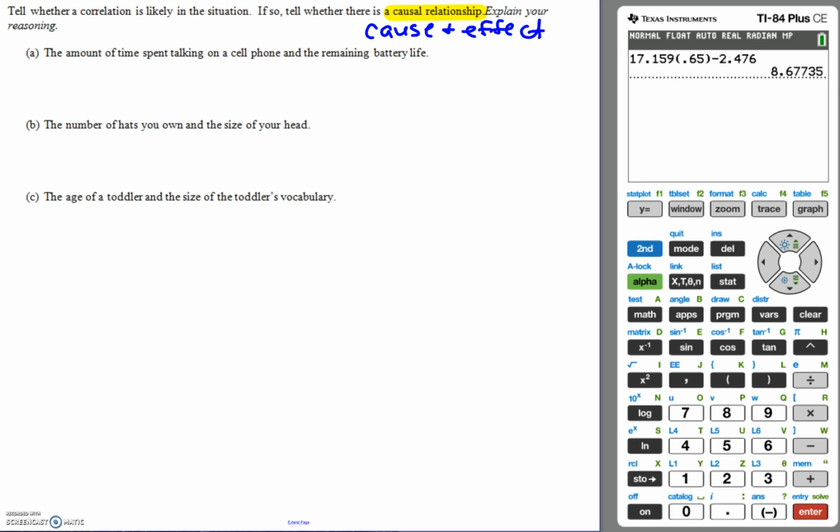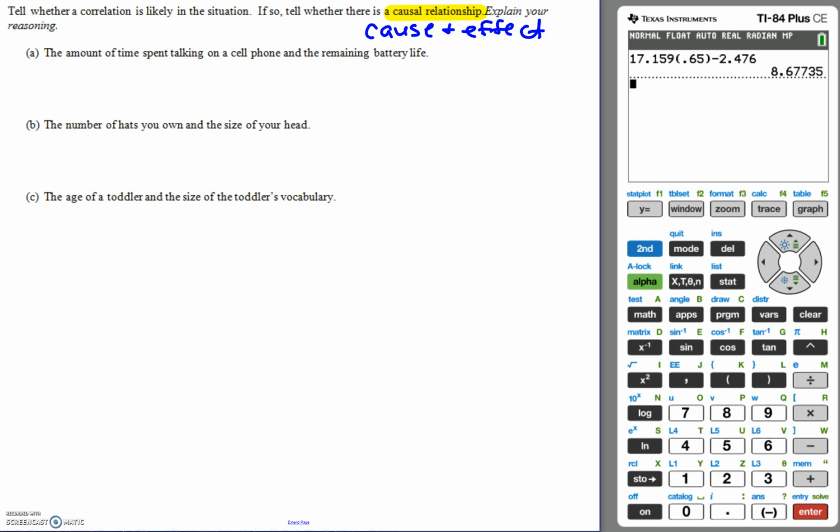For the next part of the warm-up, we're just discussing and looking at what we talked about in a previous video, which was causal relationships, and that's dealing with your correlation. So for the following three, we want to tell whether a correlation is likely in the situation, and then if so, tell whether there is a causal relationship, which just means is there a cause and effect. So for the first part, it's saying the amount of time spent talking on a cell phone and the remaining battery life.